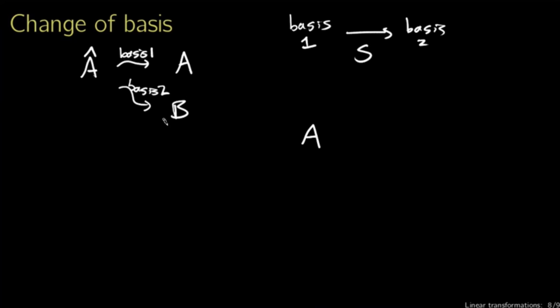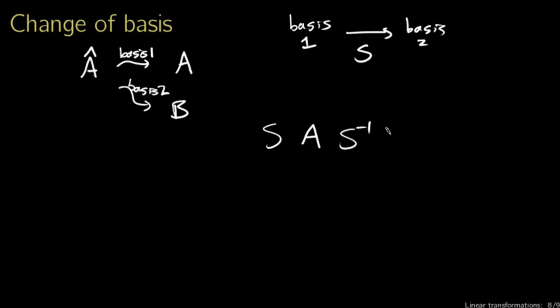If I want an expression for something acting in basis 2, I'm going to have to take my vector from basis 2 back to basis 1, allow A to act on it in basis 1, and then convert back to basis 2. And the way we write that is S times A times S inverse.